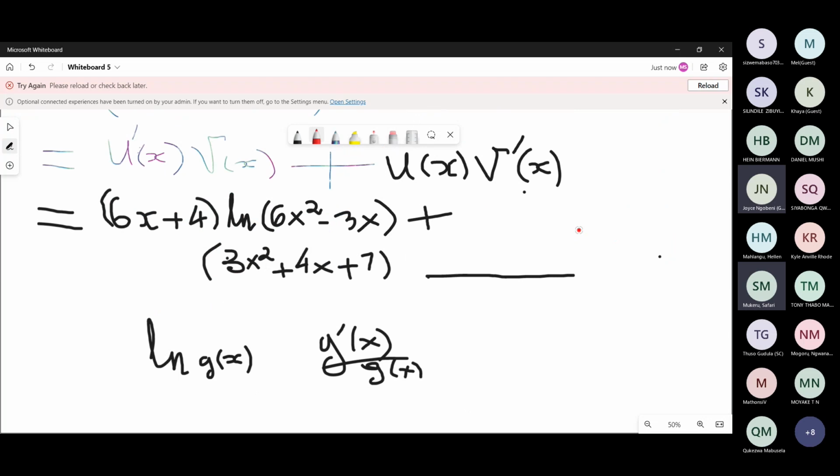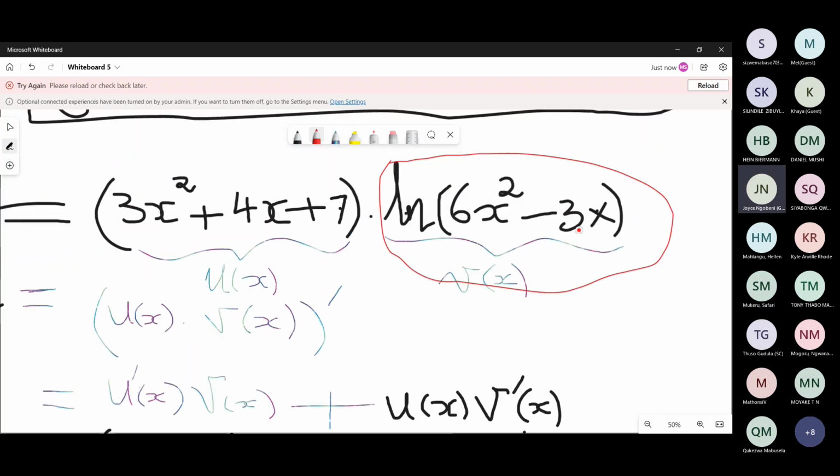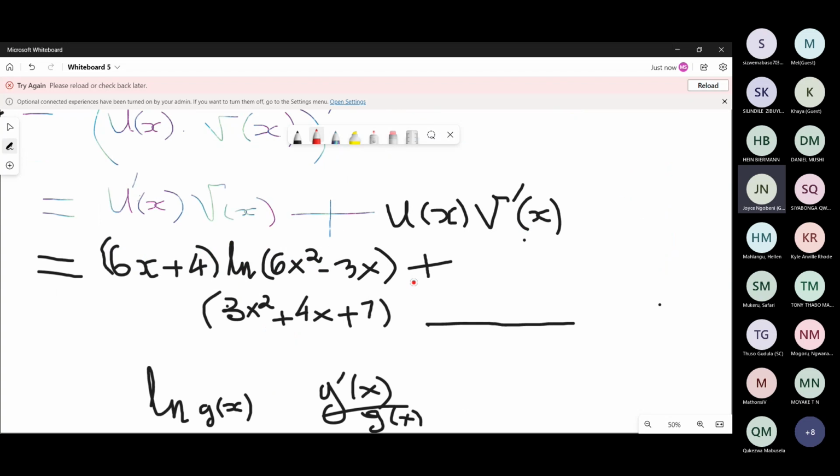Can you please continue? How do we find the derivative of what is in the bracket? It will be 12x minus 3, and we divide by 6x squared minus 3x. Good.